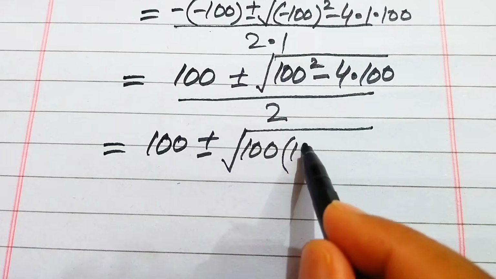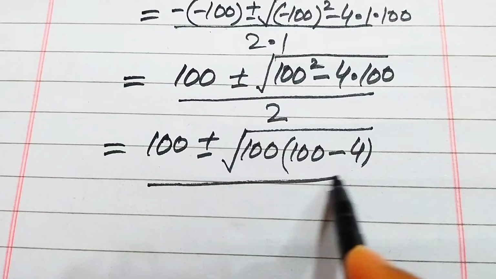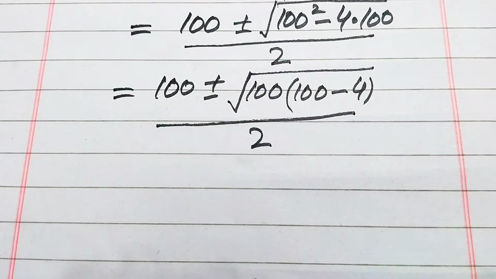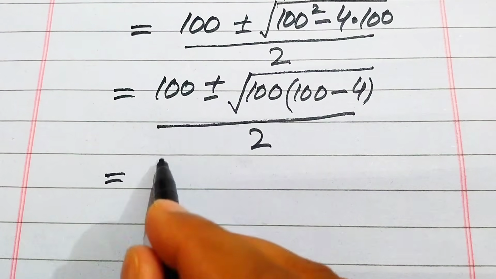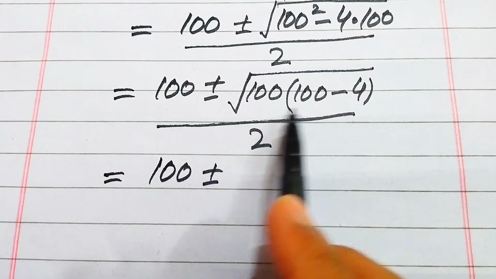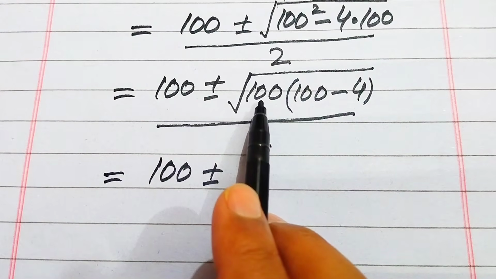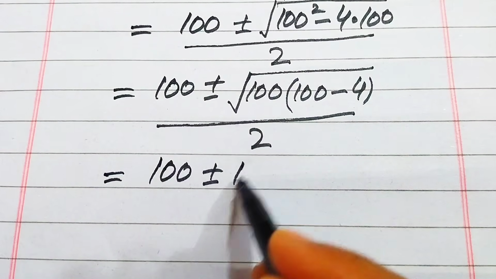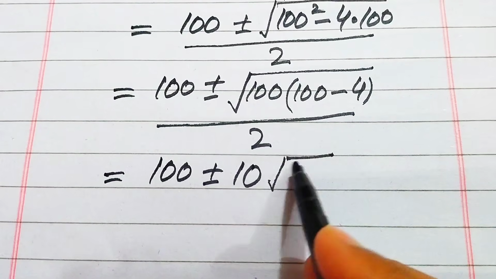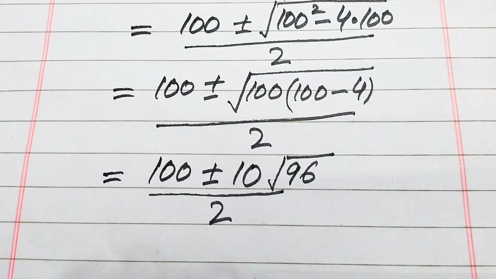After taking 100 common we get the remaining values 100 minus 4, divided by 2. Now in the next step we need more simplification, and this will be written as 100 plus minus, and we apply square root separately on both of these two values: the square root of 100 becomes 10, and the square root of 100 minus 4 becomes 96, divided by 2.